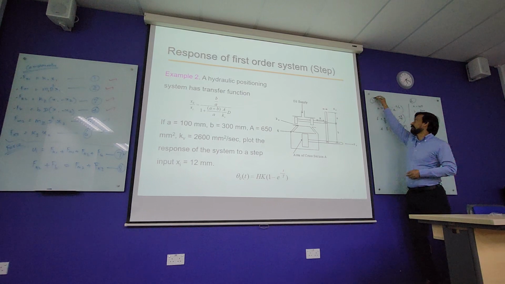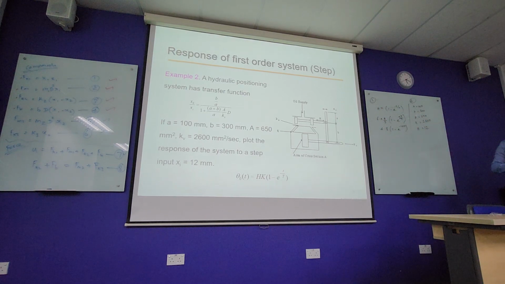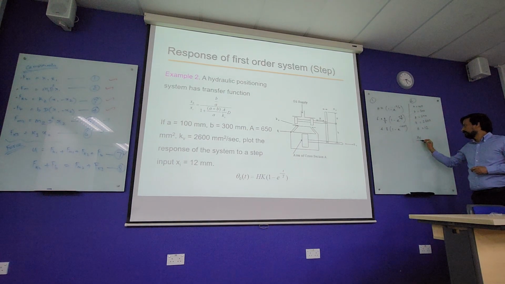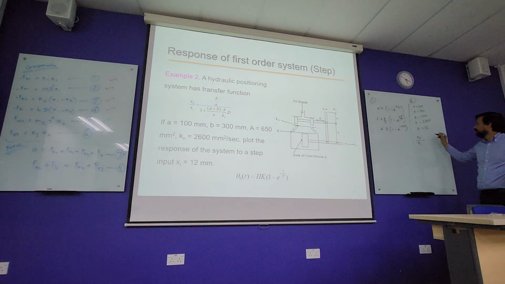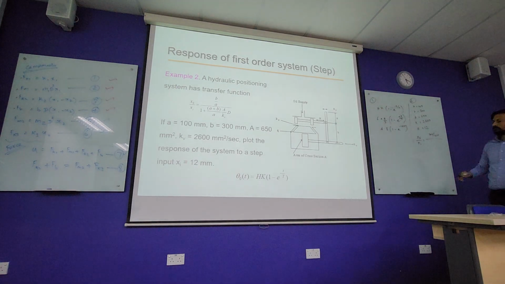This is your first one. Basically now they've given a transfer function over here, and I just directly substitute the numbers. C by A, 300 by 100, and 1 plus, so 100 plus 300 divided by 100, multiplied by 650 divided by 2600.